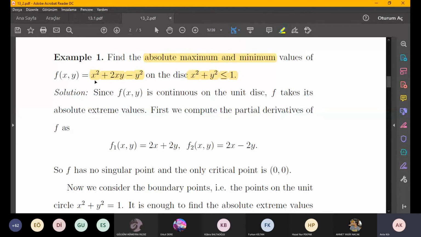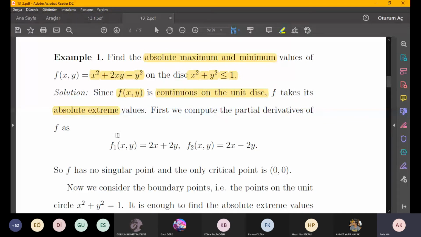But we will restrict the domain here to the disk x squared plus y squared smaller or equal to 1, let's say the unit disk. We know that the function x squared plus 2xy minus y squared is continuous on that unit disk, and f has to have absolute extreme values.